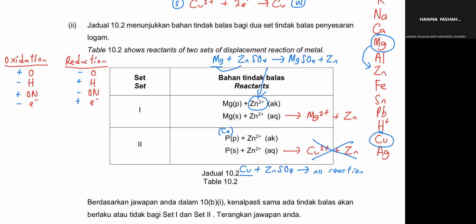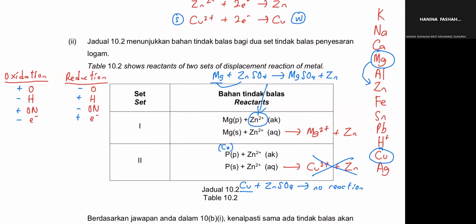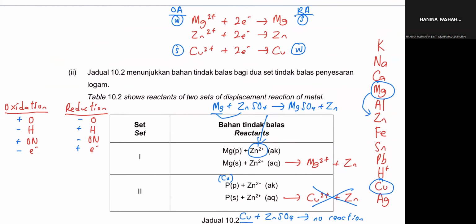Because actually the explanation is basically, Mg, you know what they need? They need strong oxidizing agent and strong reducing agent. Means strong Mg, strong reducing agent. Compare these two.